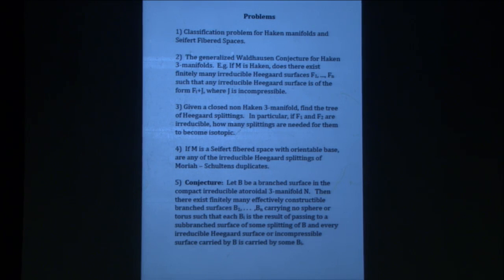If you wanted to put some of this stuff, in particular one, in a purely combinatorial setting, you can do that if you can solve this purely topological question about branch surfaces: if you have a branch surface in a compact irreducible atoroidal 3-manifold, can you, in some effective way, in finite time, produce a finite set of other branch surfaces which carry no spheres or tori, with the property that if the original surface carried either an irreducible Heegaard surface or an incompressible surface, it would be carried by one of these other surfaces.